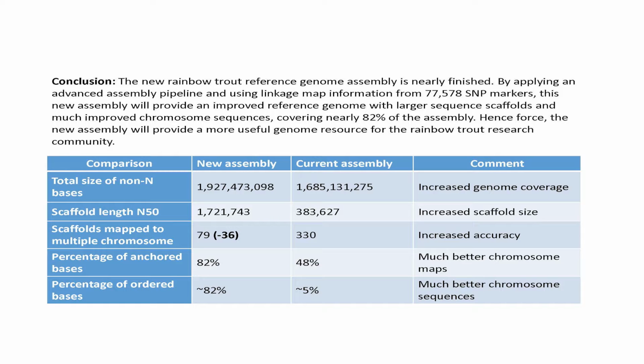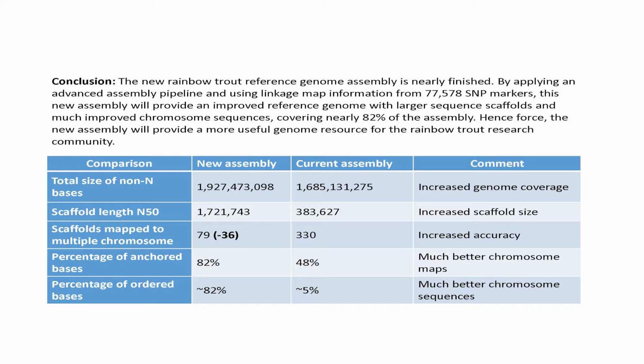After the breaking, we also broke 36 scaffolds, and then the current version of the rainbow trout genome assembly has 330 scaffolds mapped to multiple chromosomes.